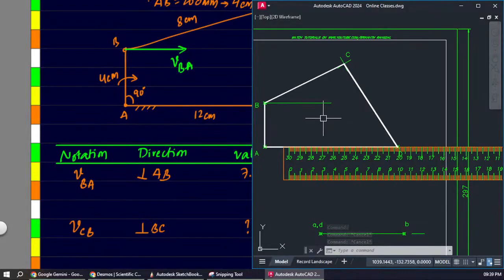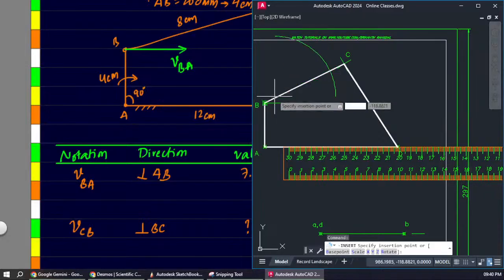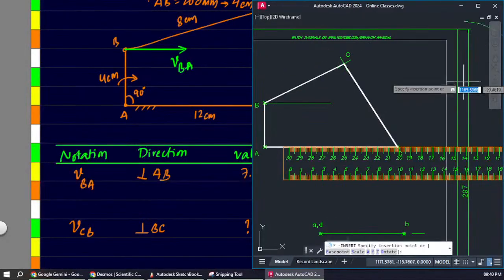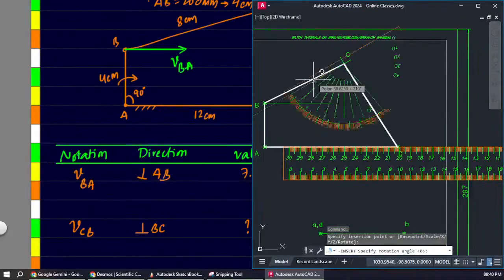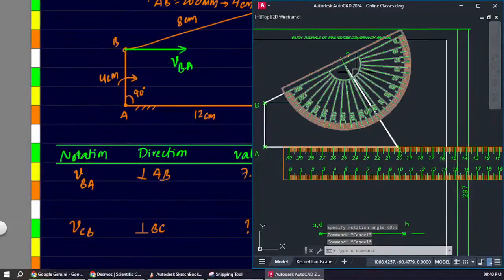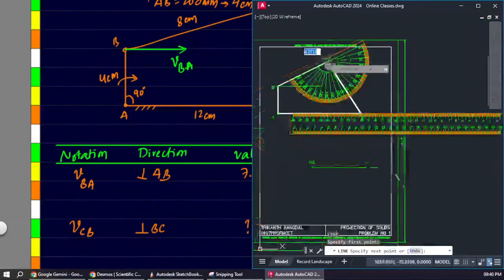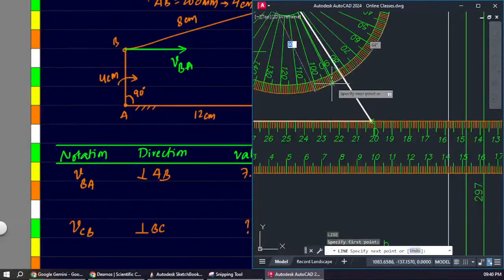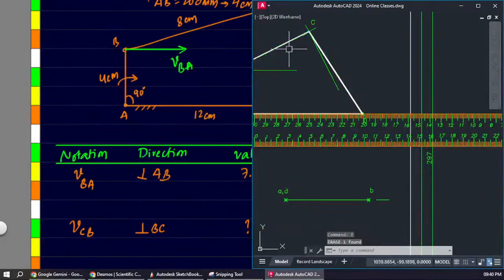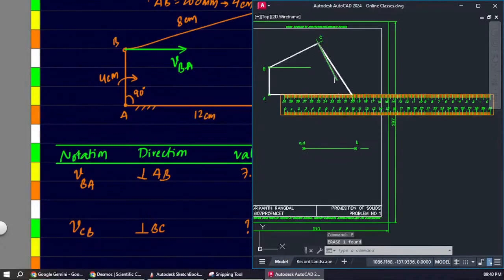So let's take our protractor and keep it on this side, and we need to get a perpendicular line. So let's keep a temporary line which is at 90 degrees to BC. Now we need a line that is parallel to this.